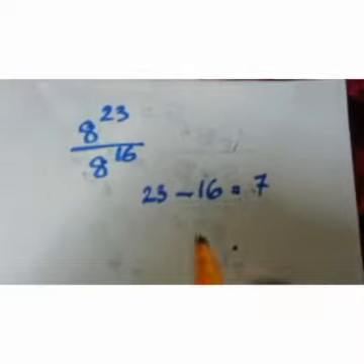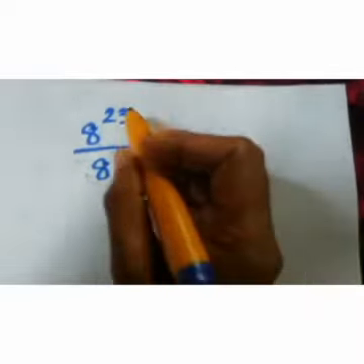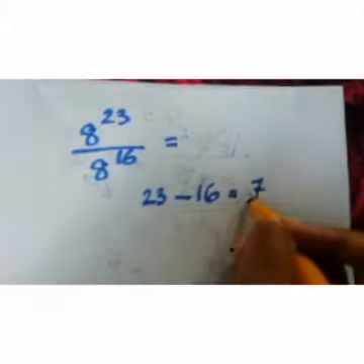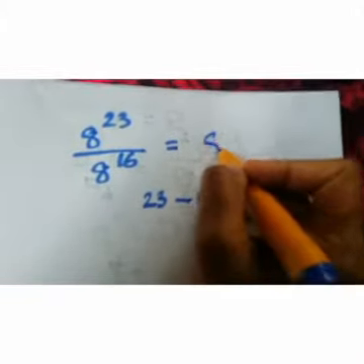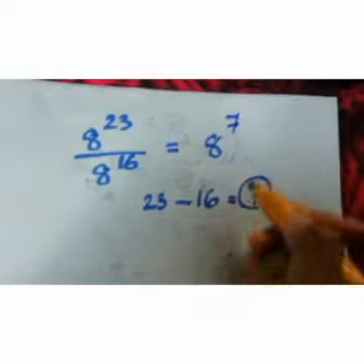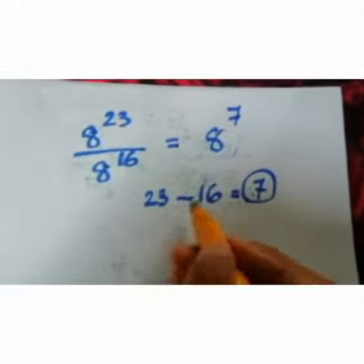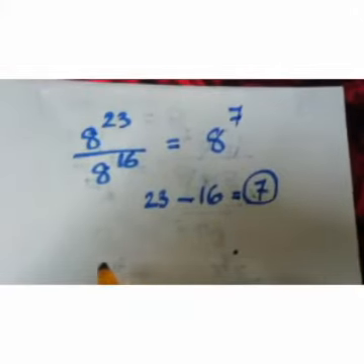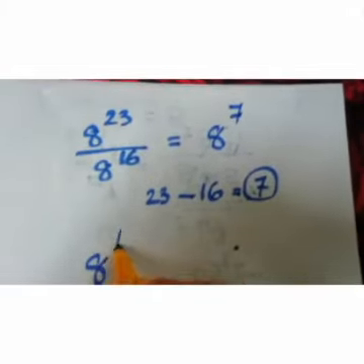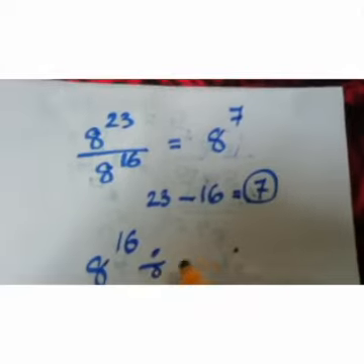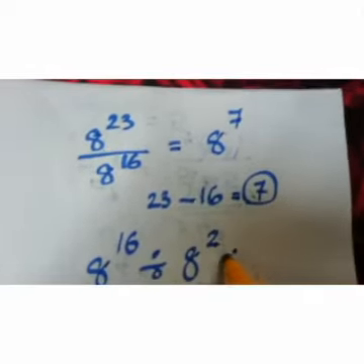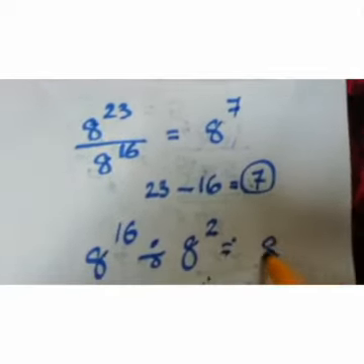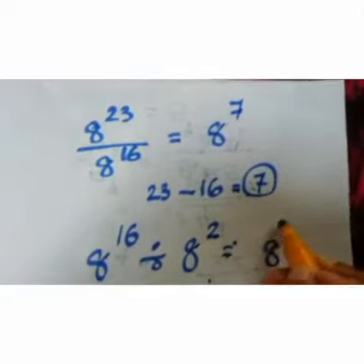That means when we divide these two, the answer should be 8 raised to 7. This is the answer and this is the shortest method too. If 8 raised to 16 divided by 8 raised to 2, we get 8 raised to 16 minus 2, 14.